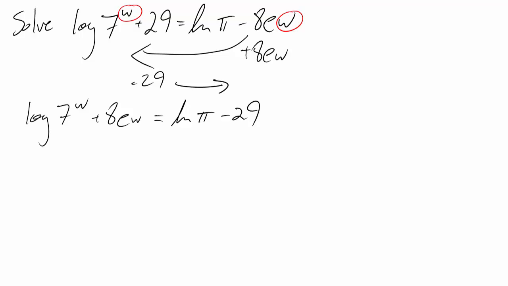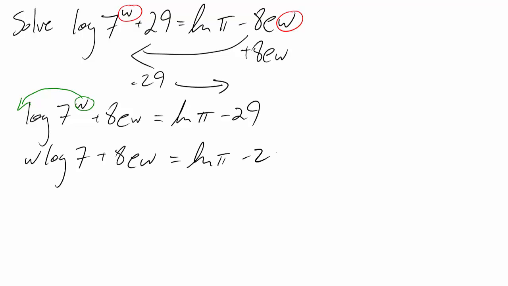So before we try to go real crazy here, we'll just use our properties of logs to move the w that's in the exponent of the 7 out in front of that logarithm. They've done us a favor by already giving us the logarithm to go with that. So now that leaves us with w log of 7 plus 8EW to equal that natural log pi minus 29.